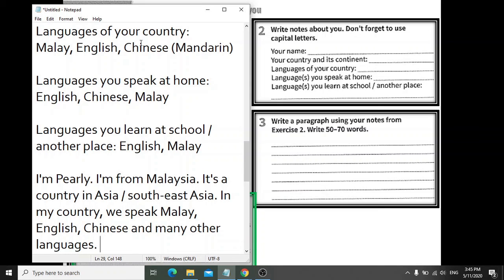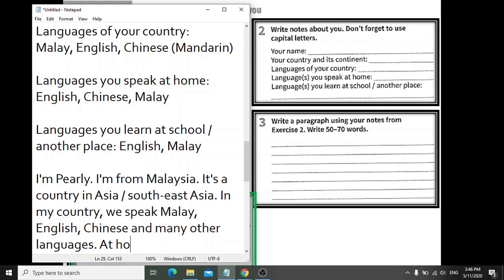Okay, so I only mentioned 3 main ones here because it's impossible to write each and every language specifically, but we just mentioned the 3 main ones that a majority of the population knows at least 1 or 2 of. Okay, so I here and many other languages, right? Remember in Sarawak and Sabah, we have many native people who speak their own language, right? Okay, next one. Languages you speak at home, right?